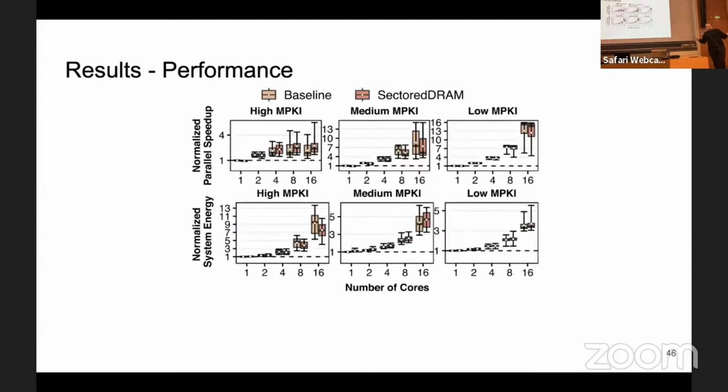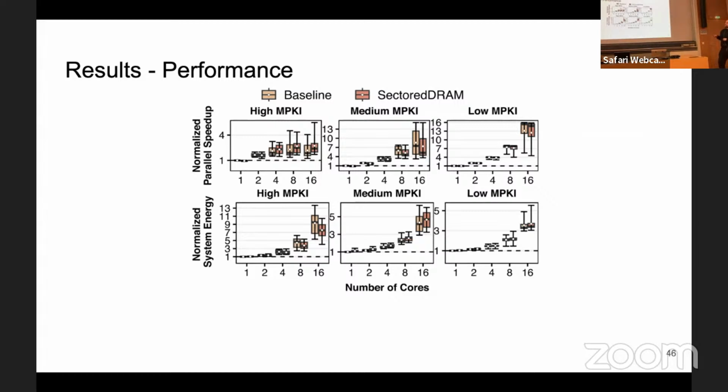Okay, but enough of the worst case. Let's look at the normal case. Here we have a bunch of figures. The right column represents low memory intensity. The left column represents high memory intensity, and the middle is medium memory intensity.